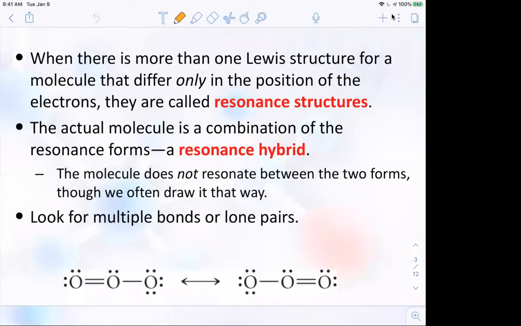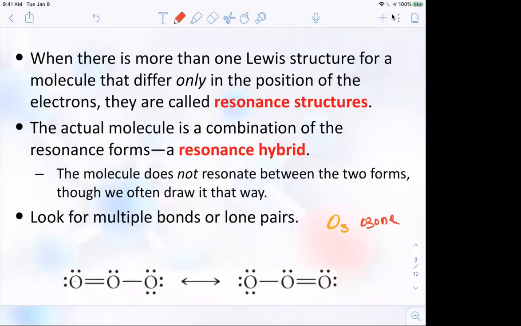When we want to determine whether resonance is available for a particular structure, we typically look for multiple bonds or lone pairs. So if you look at this molecule down here, this is O3, or ozone. And I can draw this structure both of these ways, right?